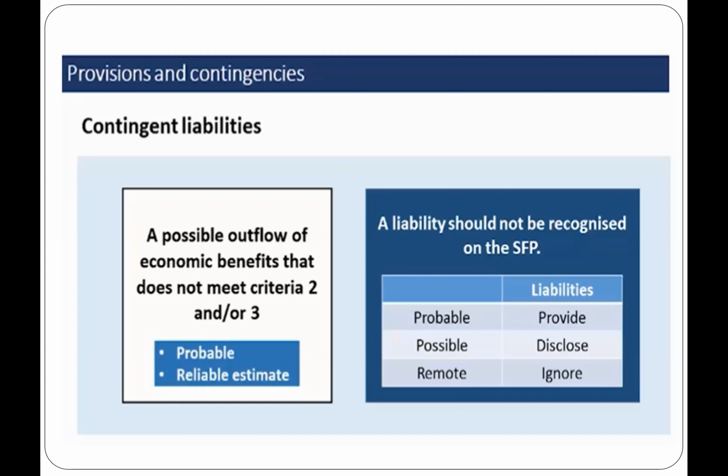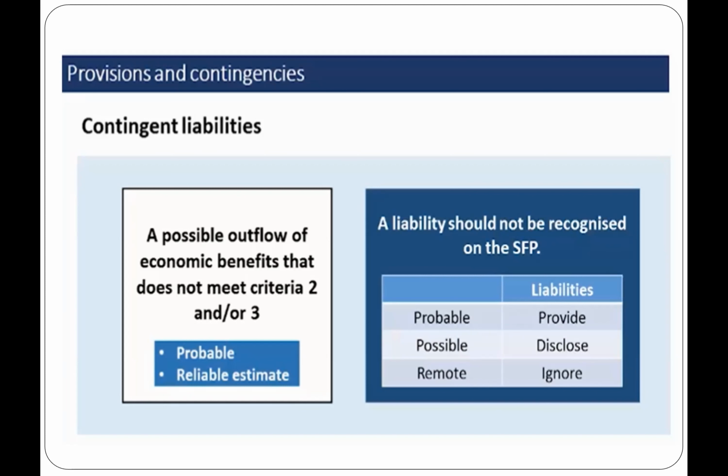It means remote or possible is then open to your own interpretation of the standard. But let's say, for example, there's a 5% chance that you'll be asked to pay. We can't then say 5% is possible, 49.5% is possible, because these are far extremes. So you can then justify yourself by saying anything less than 10% could be remote.